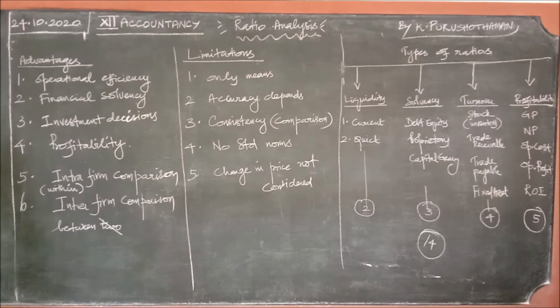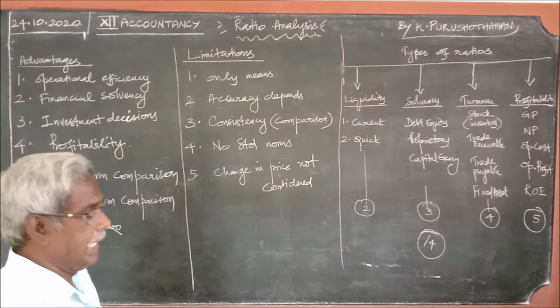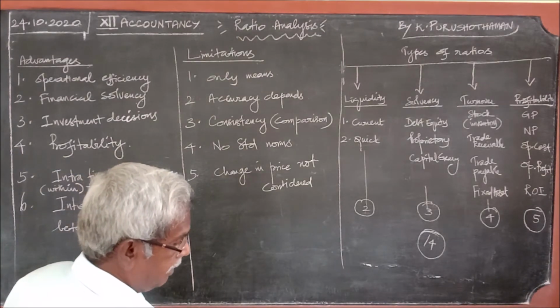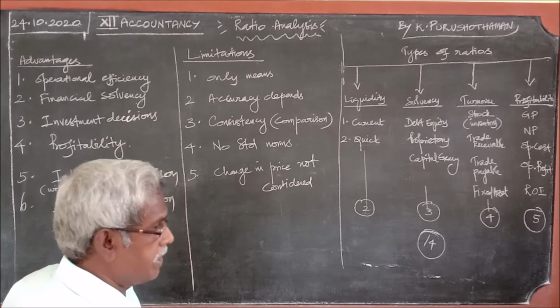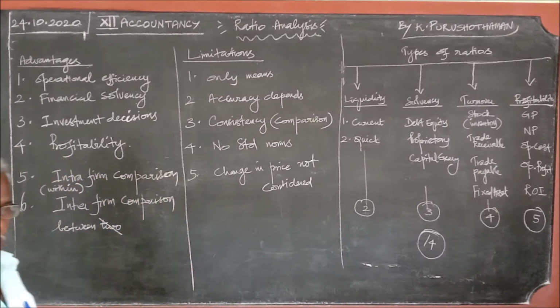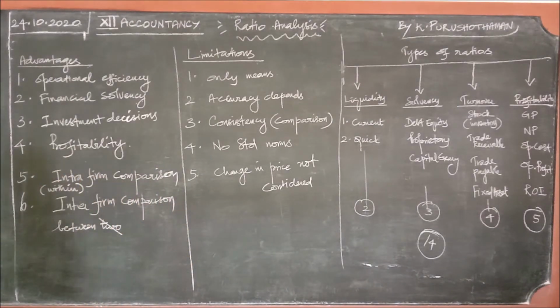Within, suppose there is a mill, a textile industry, there is a textile mill. There may be different sections there. Purchase of raw materials, transport section, sales section, financial section. All these things, there may be different sections.